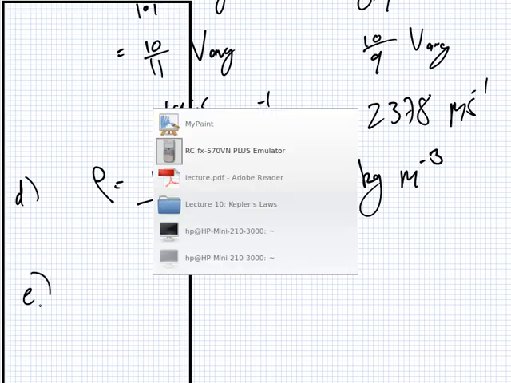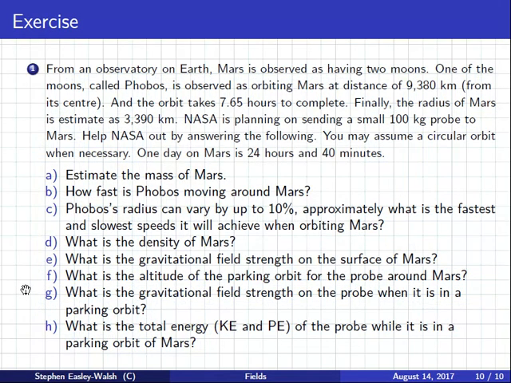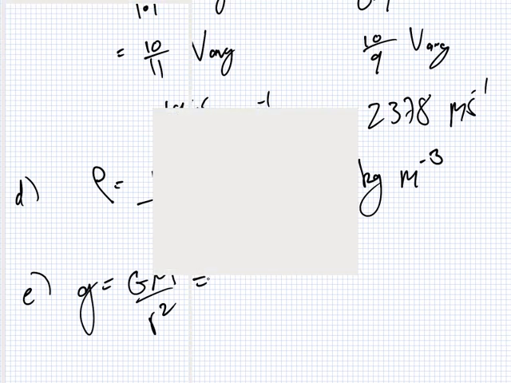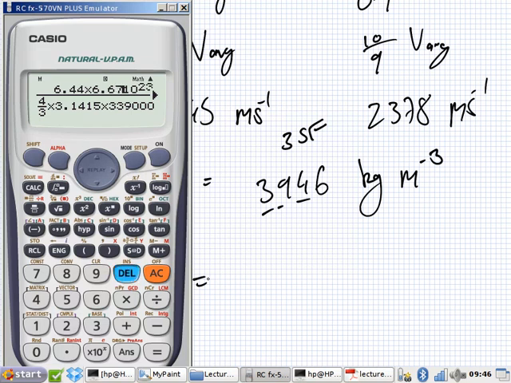Okay, E. What is the gravitational field strength on the surface of Mars? That is equal to GM over r squared. Okay, so 6.67 times 10 to the power of minus 11 times the mass over the radius squared.